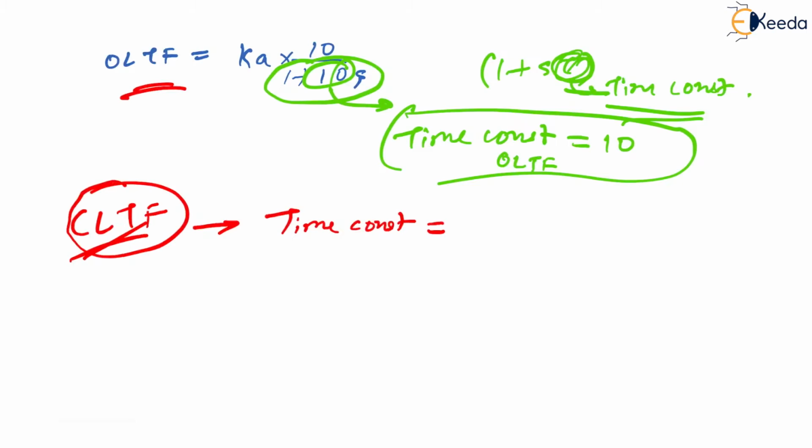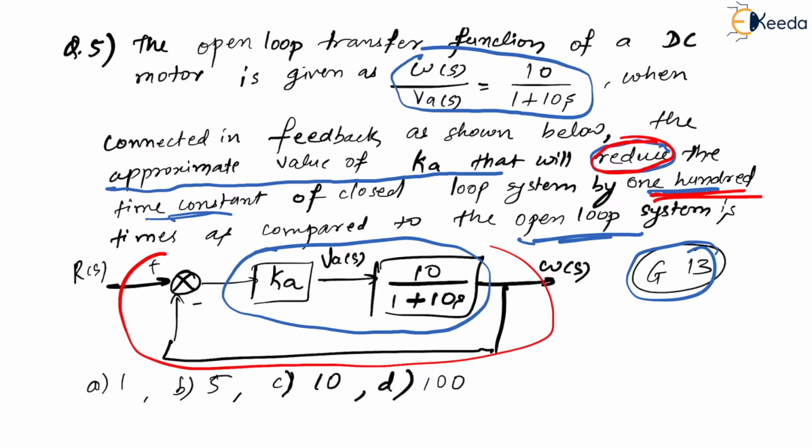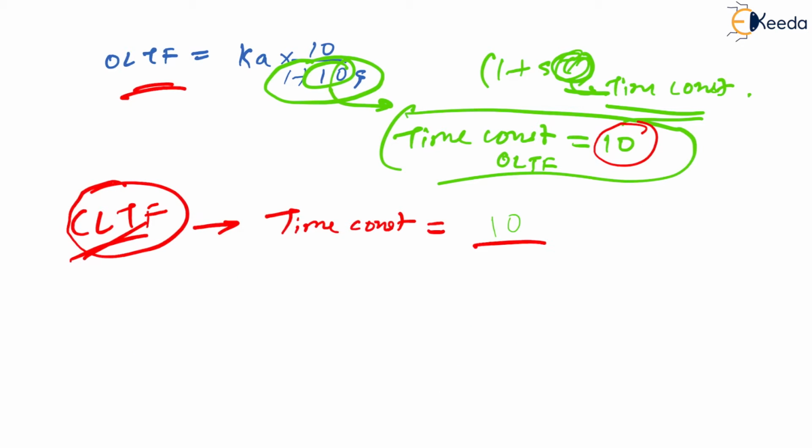What do you mean by reduced by 100 times? It means whatever is the original. Originally you have got 10, right? Now it has to be reduced by 100 times, which means it has to be divided by 100. So what do you get? You get it to be equal to 0.1. It means that your time constant should be equal to 0.1 for the closed loop transfer function.